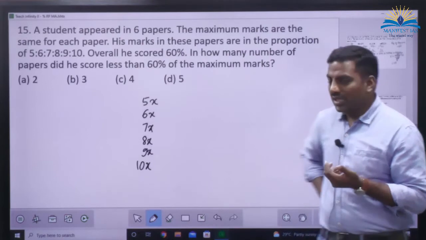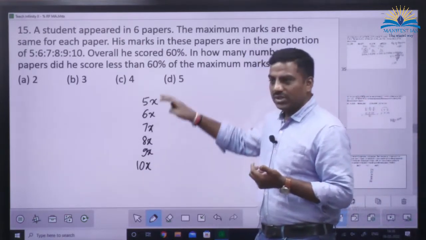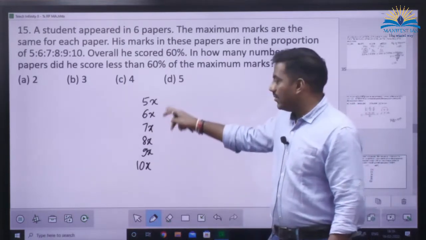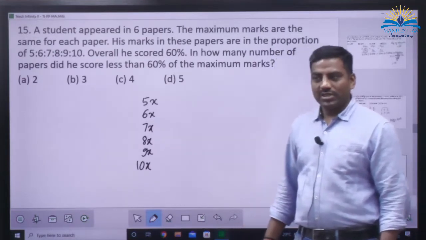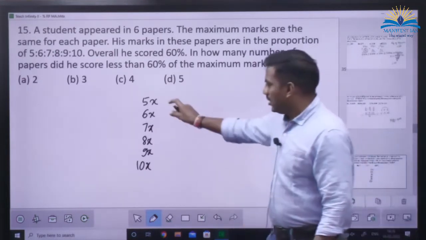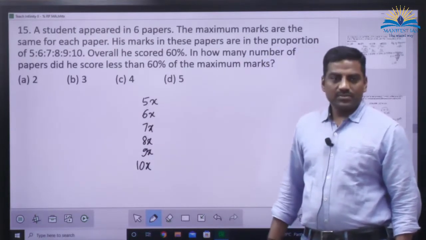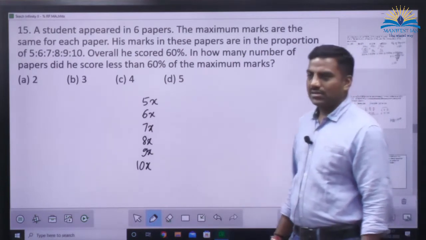So in this case, his marks are in this ratio, and they are in arithmetic progression. Between every consecutive number the difference is x. Now, tell me the average of his marks.